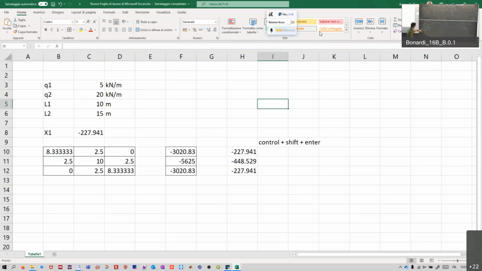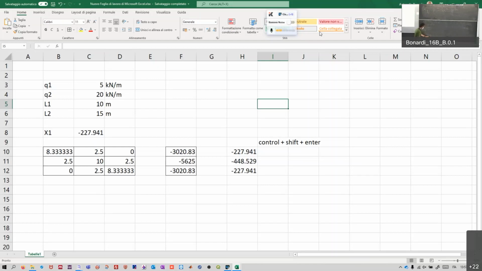But the value is the moment of AC computed in the node C, or in X equal to L1. Then we would have X1 in this direction and X1 in the other direction, so they cancel out each other.